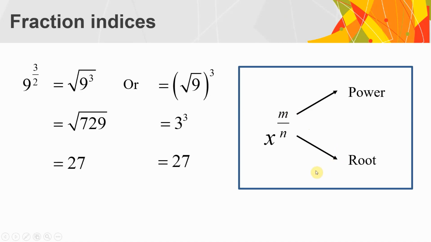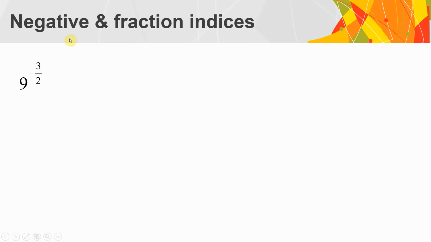Now we will deal with an example which is a little bit more complicated, whereby we combine negative and fraction indices. And we need to look at it step by step. First, we look at the negative index first. Negative, we need to change it to fraction, which then it will be in this form 1 over 9 to the power 3 over 2.